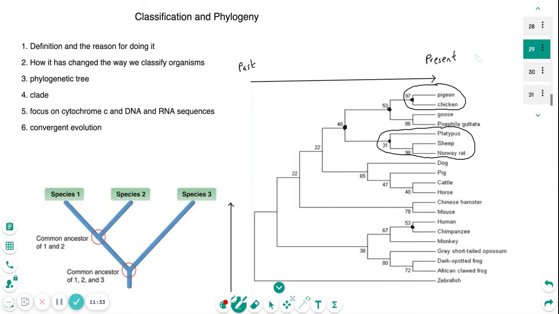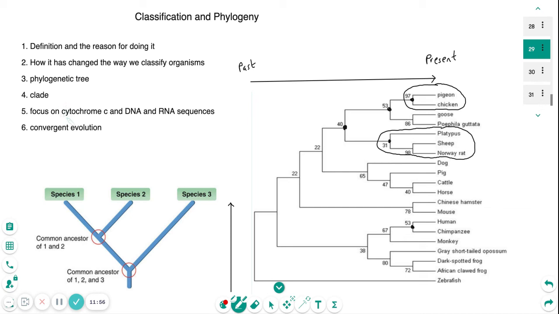Right, so we've talked about the definition of phylogeny and how it's this hypothesis that we all have evolved from the same common ancestor, some sort of unicellular organism, if you go back hundreds of millions of years. We've discussed this phylogenetic tree and what a clade is.